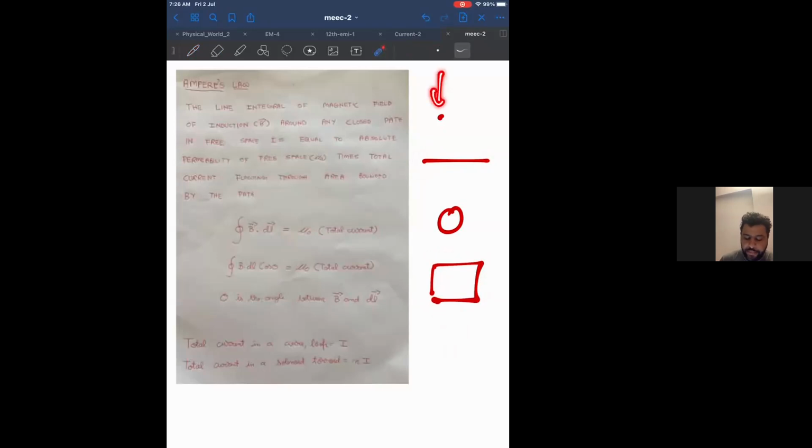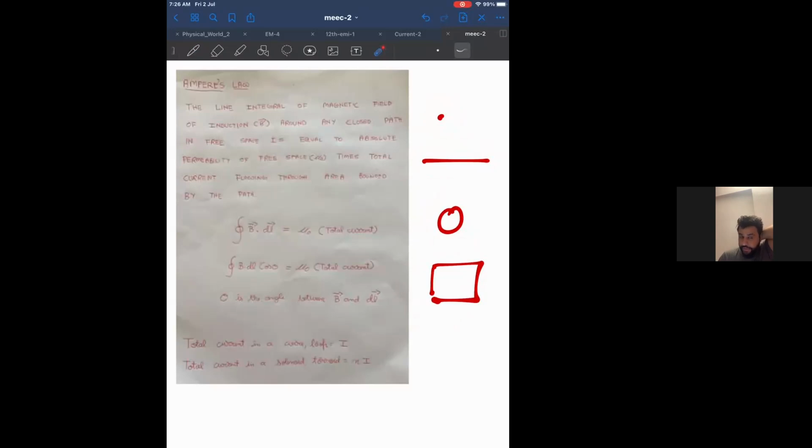But if I cannot come back to the starting point without changing my direction, then this surface is an open surface. So mathematically, or for your knowledge, a point and a line are an example of an open surface, and a circle, a square or a rectangle are an example of a closed surface.